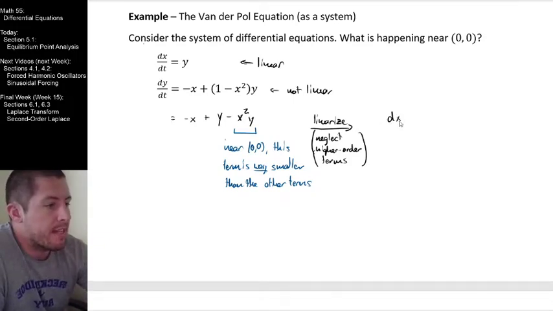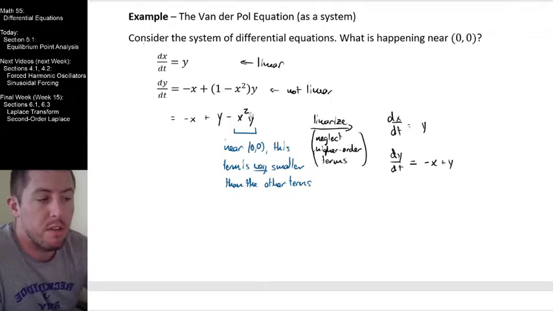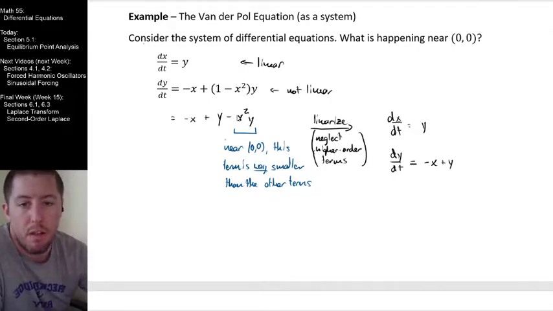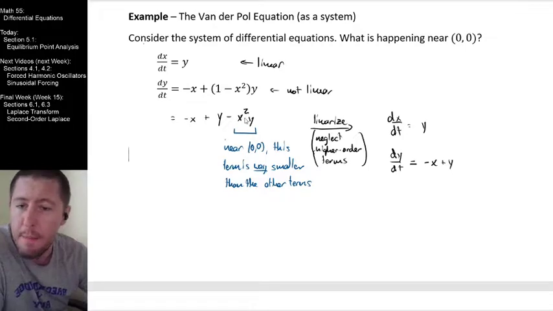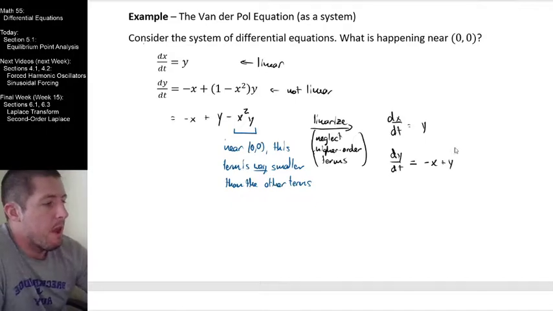So to linearize this system, I would rewrite it as dx/dt equals y and dy/dt as approximately just negative x plus y, right? Because these terms near 0, 0 are so much smaller than what these terms would be because you should think of this as being like a cubic. All right, there's three total variables being multiplied together. If x and y are both near 0, this is basically like a cubed function that's near 0, so it's going to be incredibly, incredibly small.